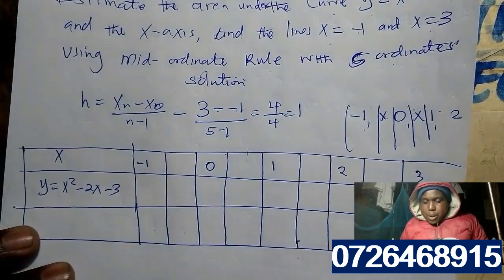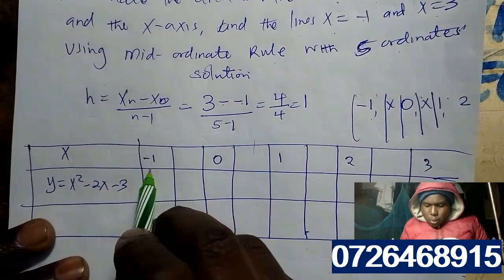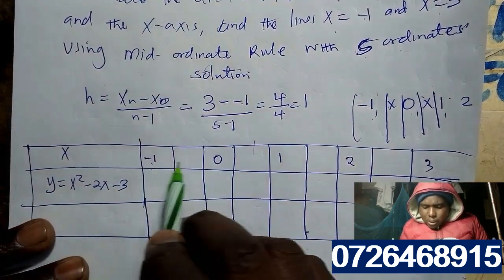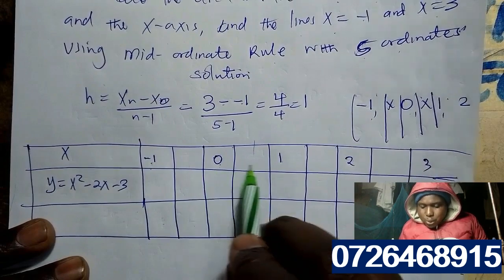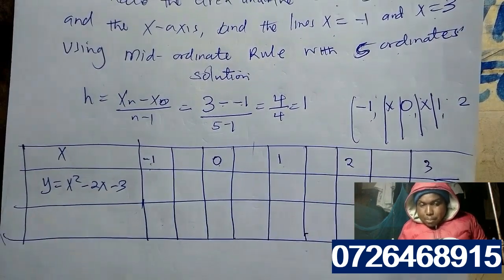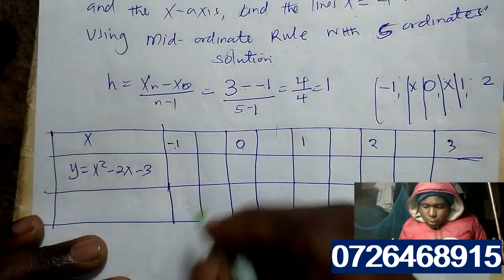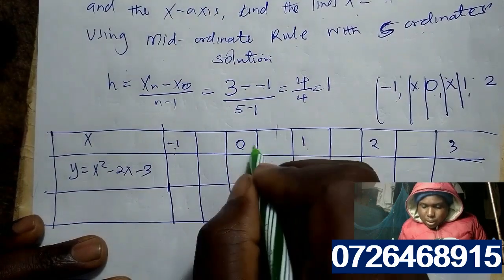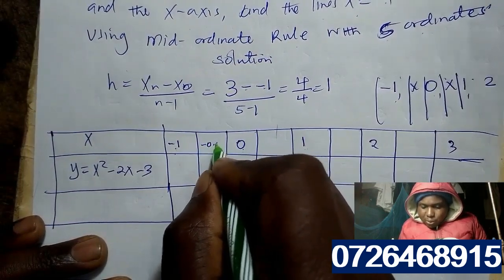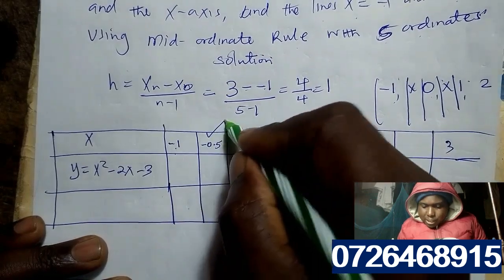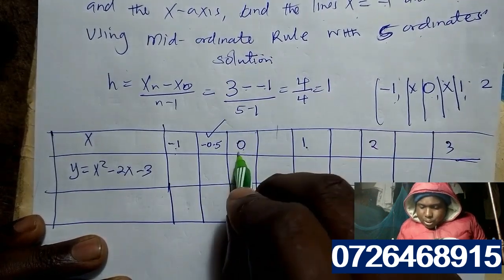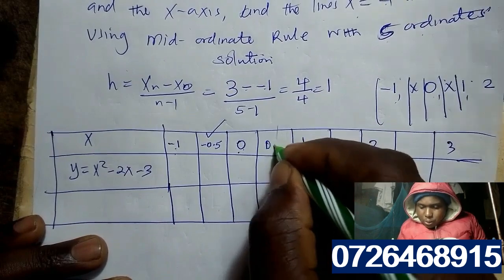But we want the mid ordinates. So what is between -1 and 0? What is between 0 and 1? Mid ni katikati. So we are interested in the mid. So the mid here is -0.5, and that is what I want. The mid between 0 and 1 is 0.5.